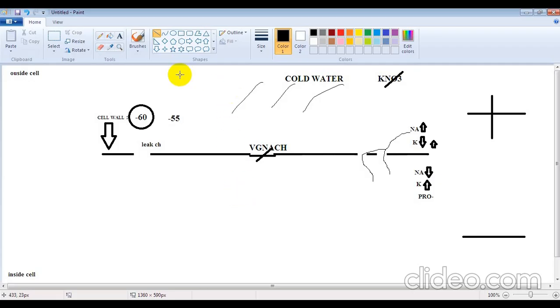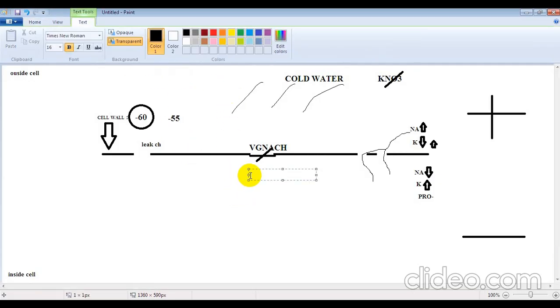The sodium channel does not have just two states, open and closed. It has a third state called the inactivated channel.